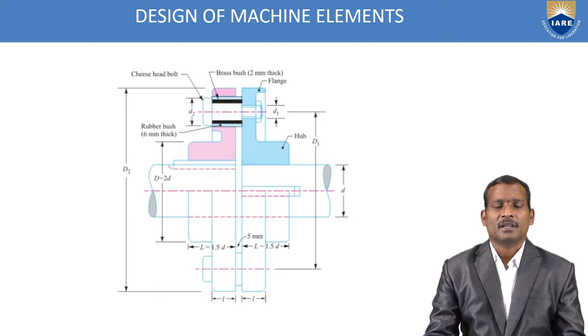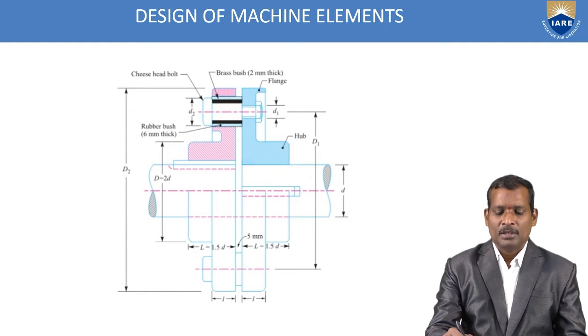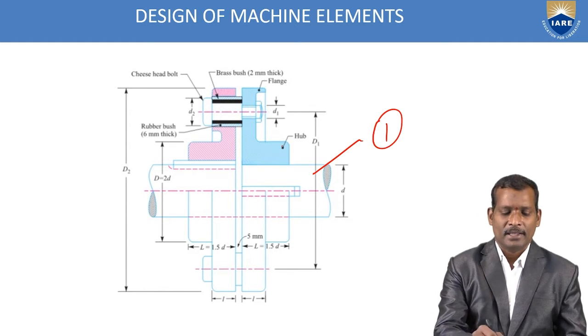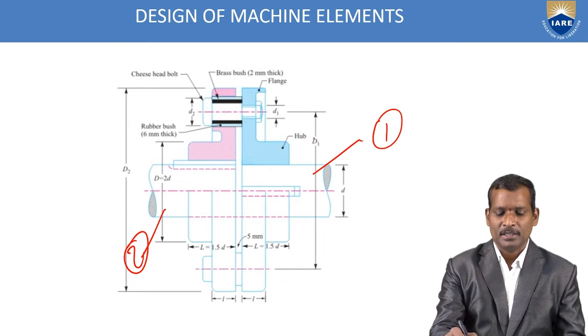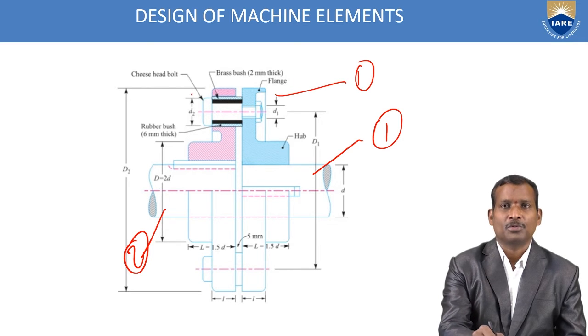See, in this slide is shown the bushed pin type flexible coupling. Here is shown one end of the shaft and the other end of the shaft, having a projection. So these are flange 1 and flange 2.